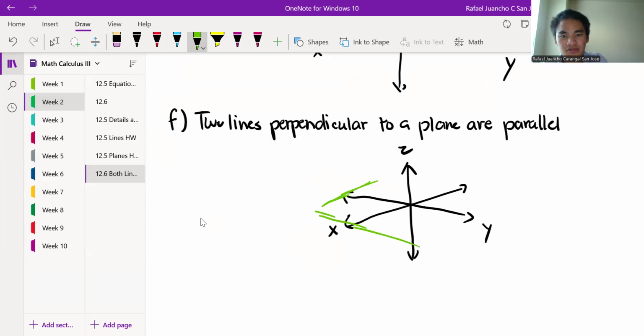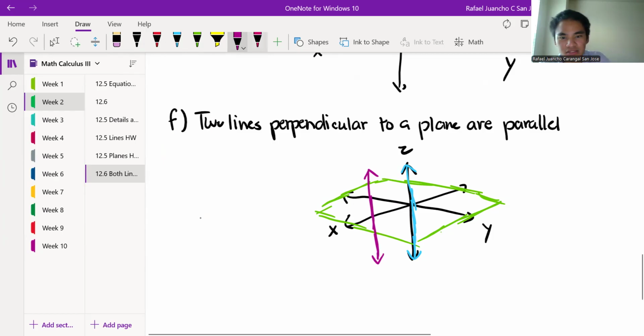Let's say it's just the xy plane. So that's the plane, and we have two lines perpendicular to a plane. So let's say one is this z-axis. That's a line. Let's say another one is, I don't know, here maybe, some random point. Yes, these are parallel. I can't think of another case where it isn't. So I think this is true.